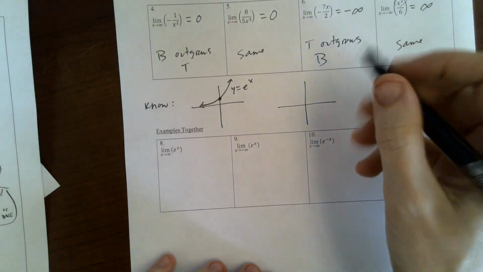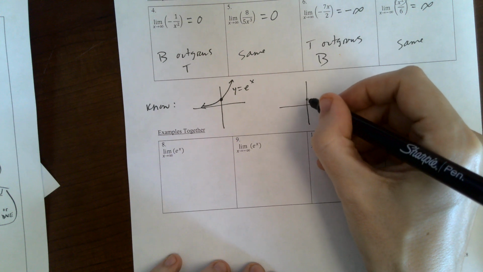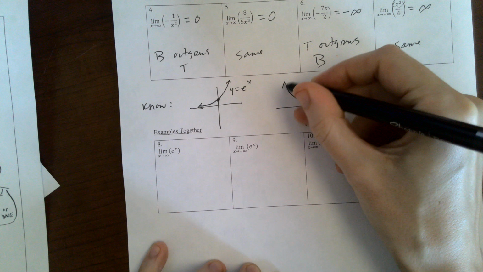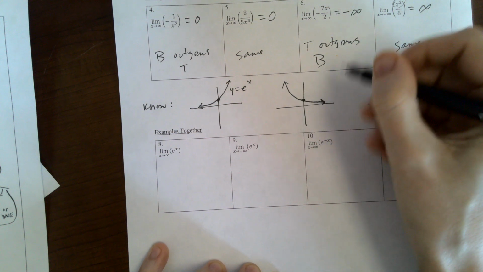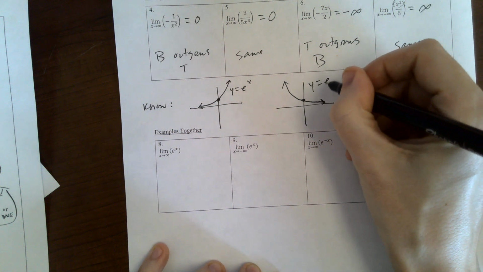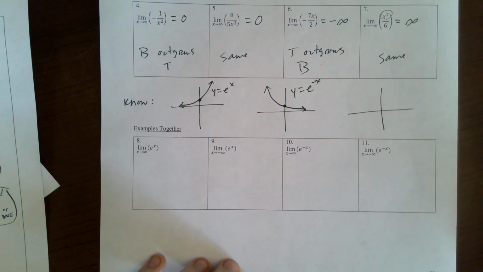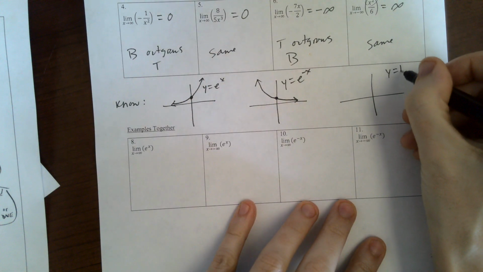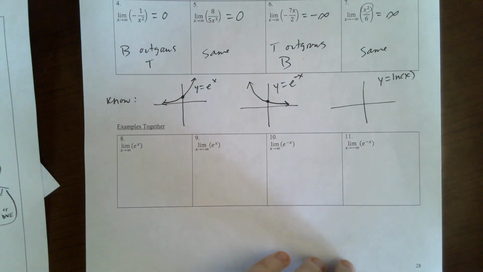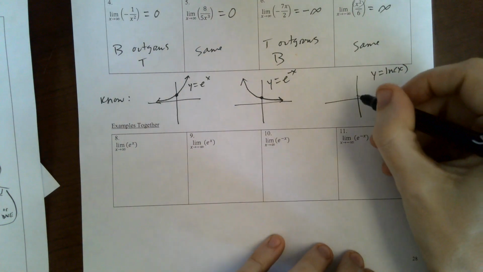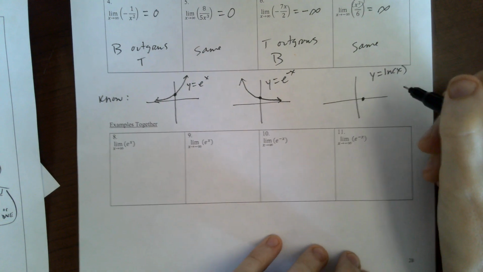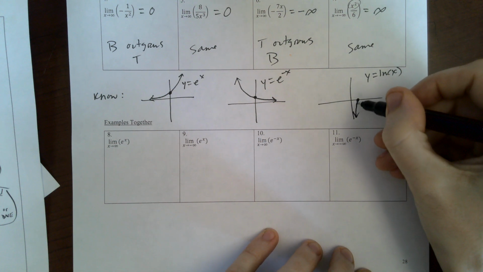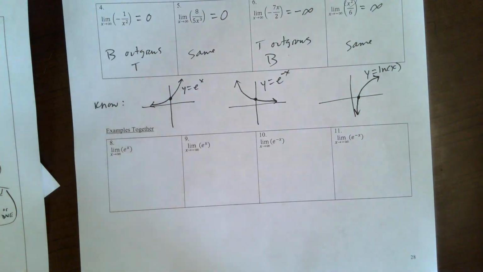Now, let's do e to the negative x. That is still going to go through 1 on the y-axis, but it's going to be like that. E to the negative x. And then finally, we won't look at this one till tomorrow, but the natural log graph goes through 1 on the x-axis, and it goes like, that's a vertical asymptote, and it goes like that.